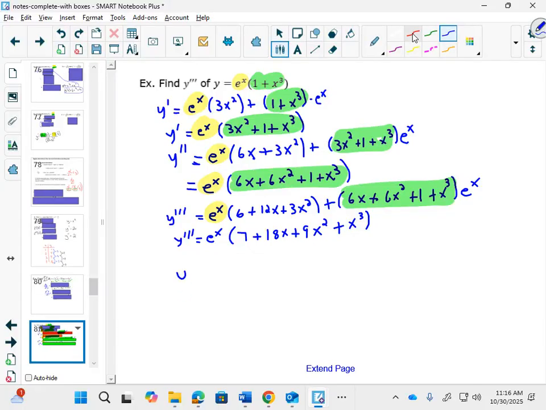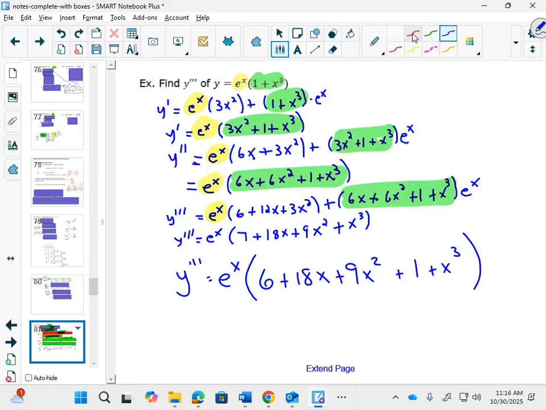I'm sorry, I'm playing around with this. This looks like fun. The only reason I did that is I noticed this one had a 1 plus x cubed, this one had a 1 plus x cubed, so I made this one have a 1 plus x cubed.